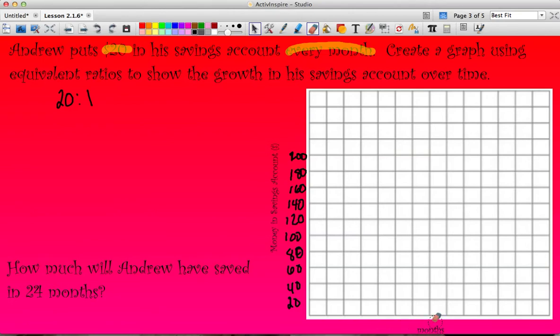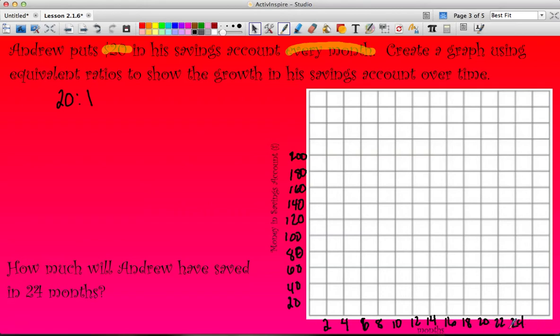So instead of going by 1, I'm going to choose to go by 2s, I can go 2, 4, 6, 8, 10, 12, 14, 16, 18, 20, 22, 24. So that will fit. So I can go by every 2 months.